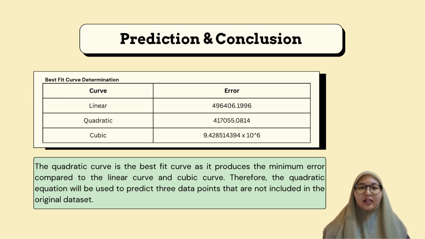For this section, we compare the linear, quadratic and cubic curves to determine the best fit curve. Based on the table, the quadratic curve produced the minimum error compared to the linear and cubic curves. Therefore, the quadratic curve was selected as the best fit curve. The quadratic equation was then used to predict 3 data points that were not included in the original dataset.